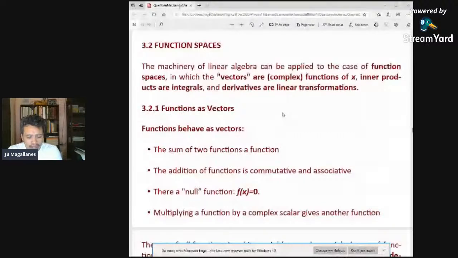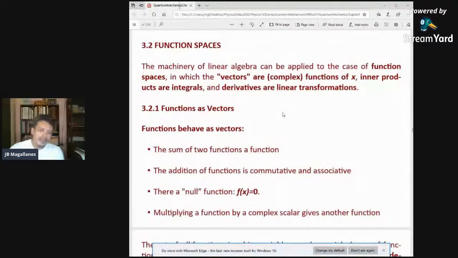Because in the things that we discussed previously, you have discrete kinds of vectors. You have directions also represented by e1, e2, or bases represented by those things. But in these function spaces, we'll be dealing with polynomials.